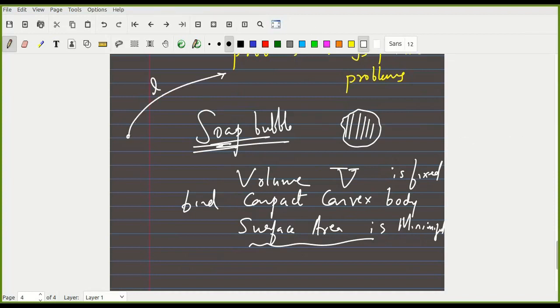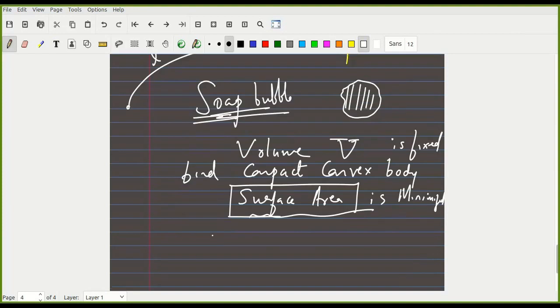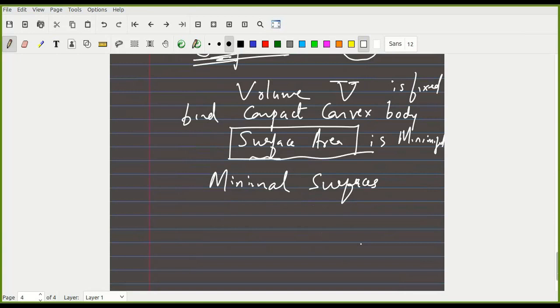Now we are talking about volume being constant, and we are varying the shapes and seeing for which shape we get minimum surface area as opposed to maximum area earlier. So this leads to the soap bubble kind of structures, which are in mathematical literature called minimal surfaces. So there is a nice theory people can get into.